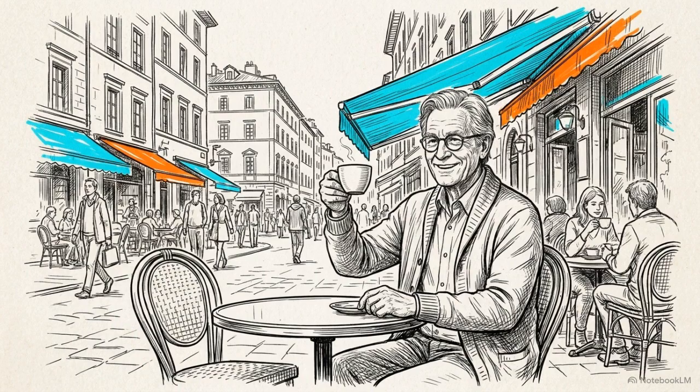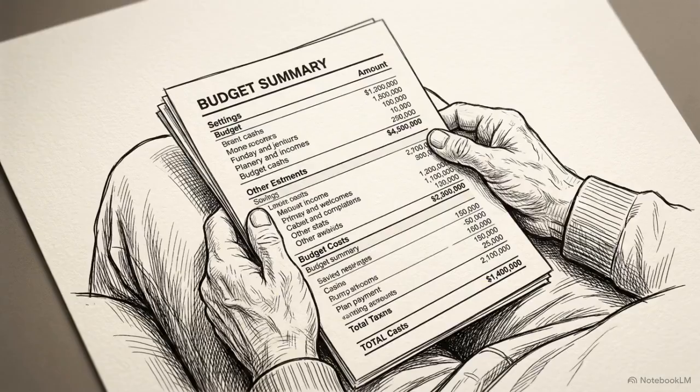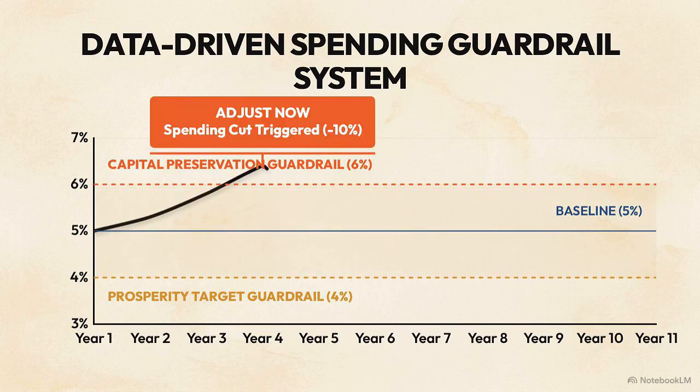Adopting this flexibility is exactly what allows you to safely extract and enjoy far more of your accumulated wealth during those highly active early years of retirement. Ultimately, the Guyton-Klinger framework removes the emotion from retirement spending. It replaces the anxiety of guessing how much you can afford with a strict, data-driven system that tells you exactly when to adjust.